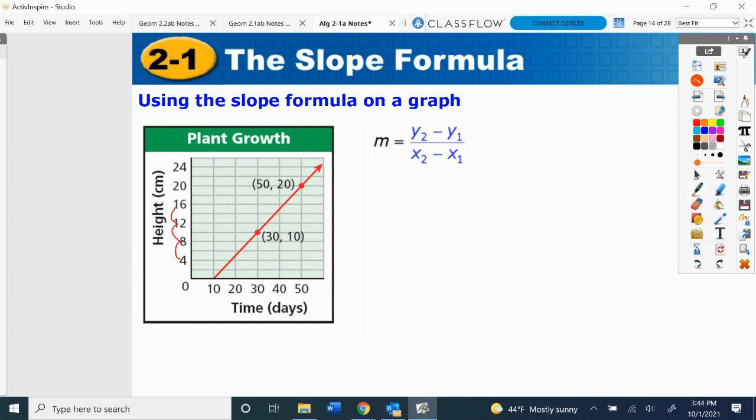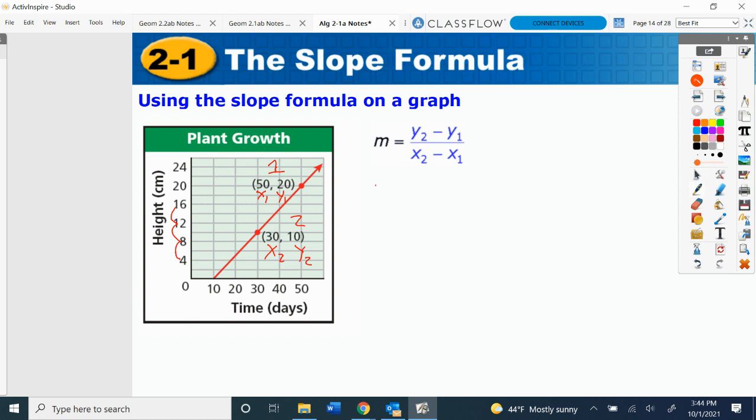Okay, like for example, I could call this coordinate number 1, and I could call this one coordinate number 2, and then I could just label them. So this would be x1, y1, and this would be x2, y2. Okay, so I can use those 2 points, and I can find the slope that way if I wanted to.